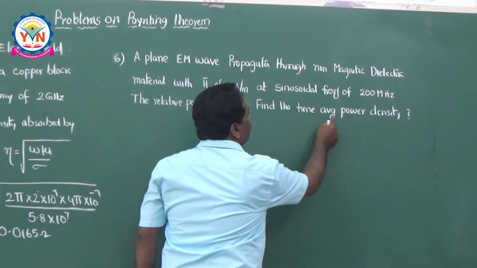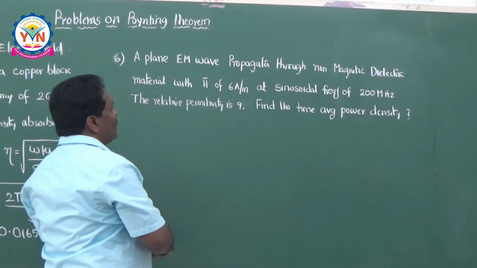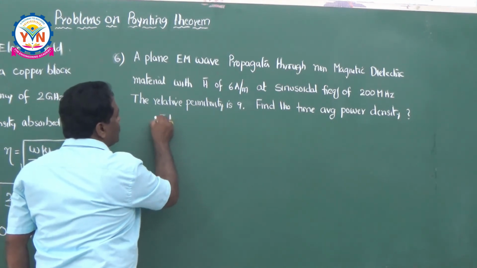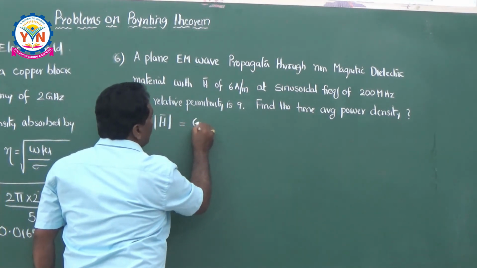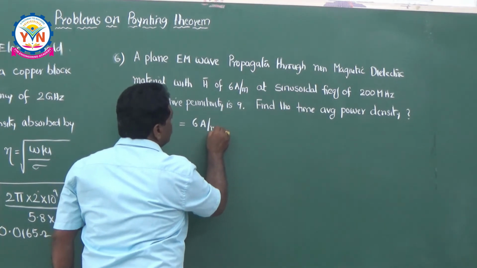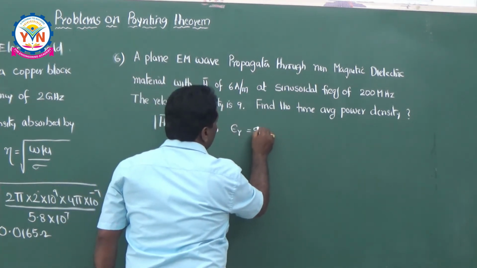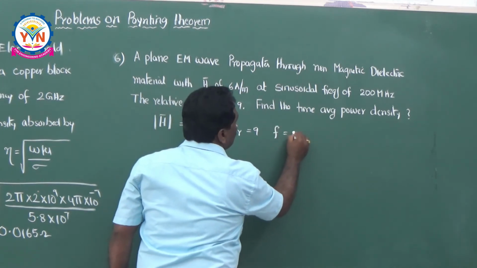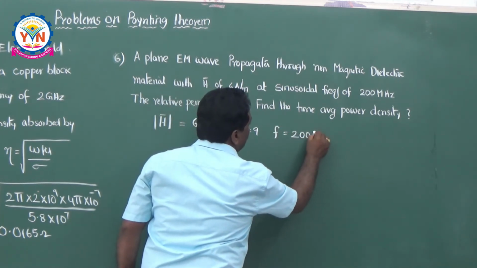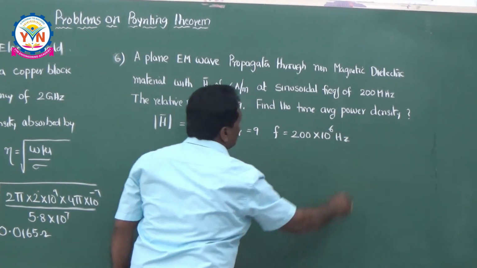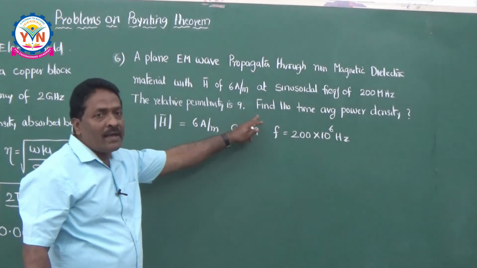Find the time average power density. So, given that H bar magnitude is equal to 6 amperes per meter and epsilon r is equal to 9 and the frequency is equal to 200 megahertz, 200 into 10 to the power of 6 hertz, and is asking the time average power.